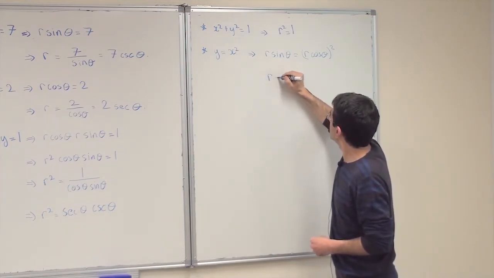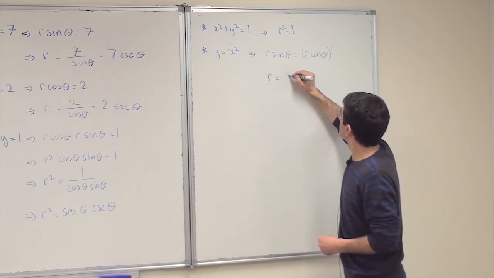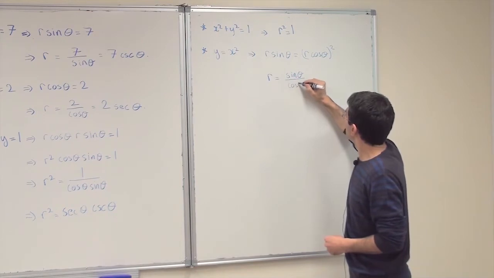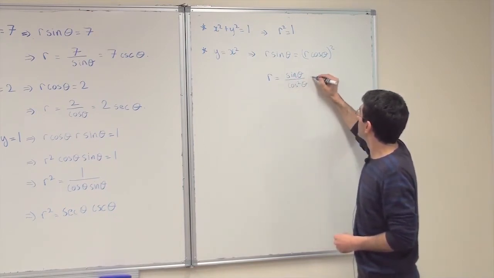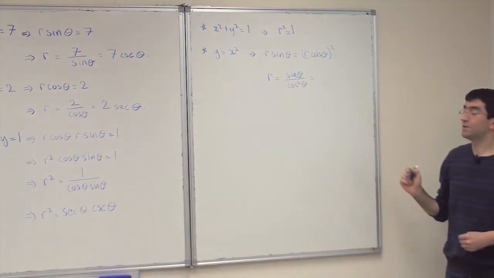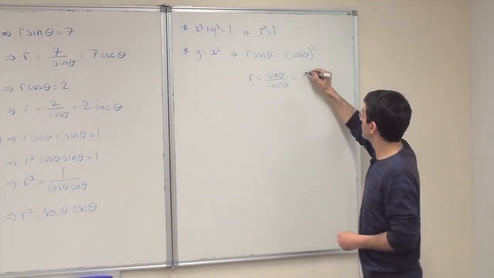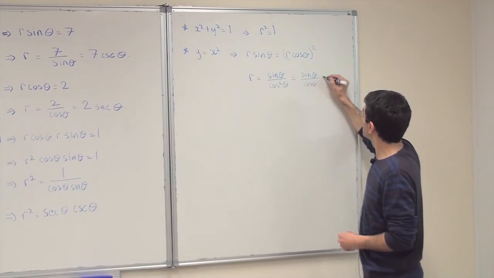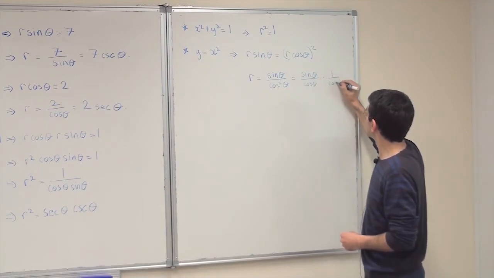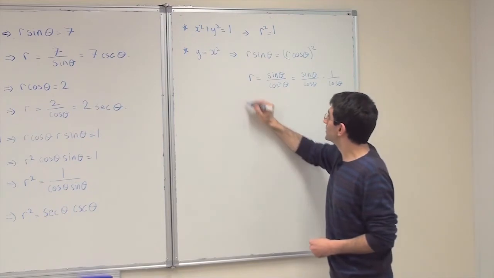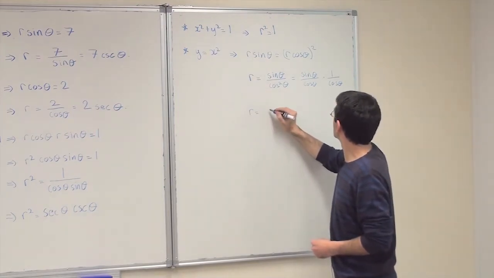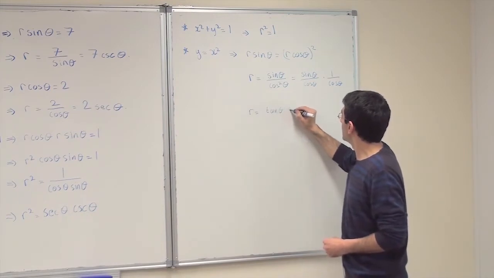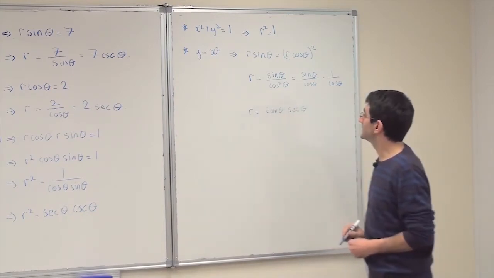So r is equal to sine theta over cosine squared theta. Okay, this is enough, but we can simplify this further. So sine theta over cosine theta times 1 over cosine theta, which is equal to r equals tangent theta times secant theta.